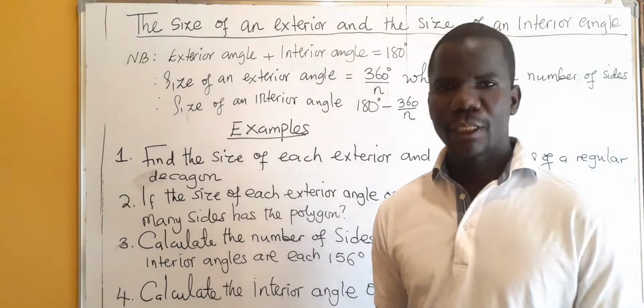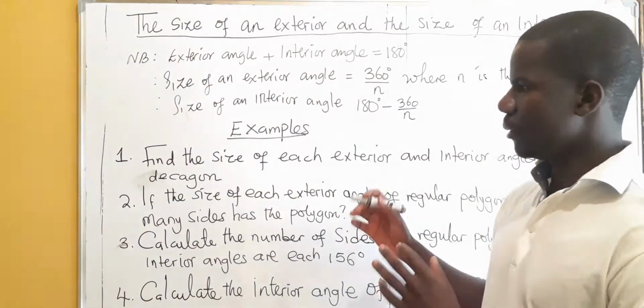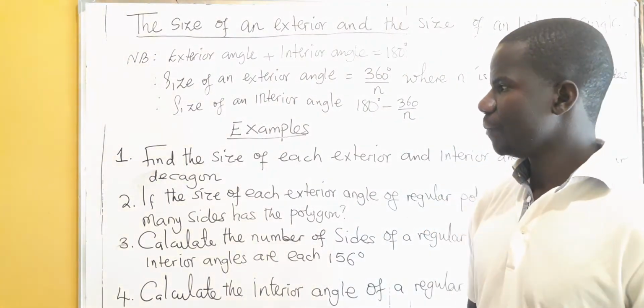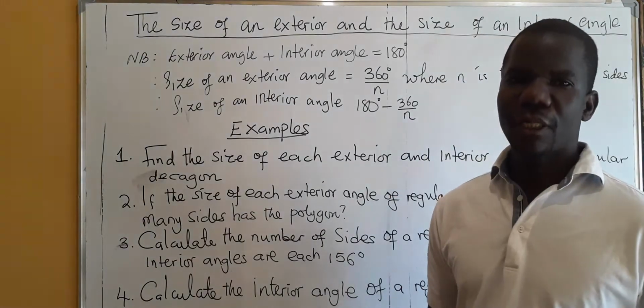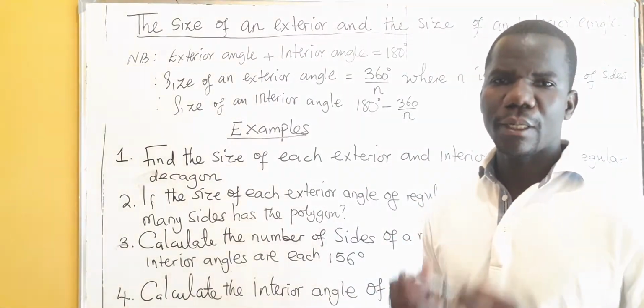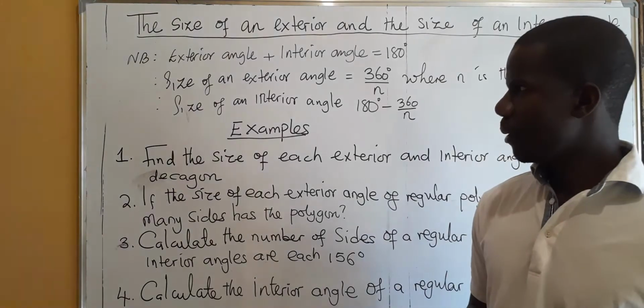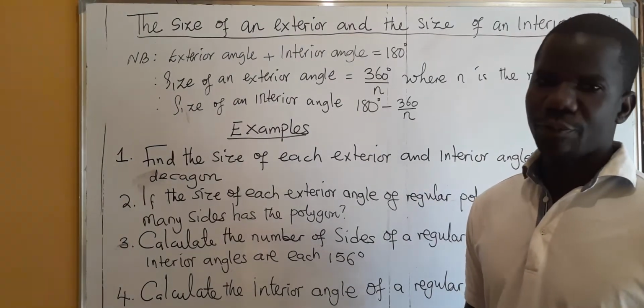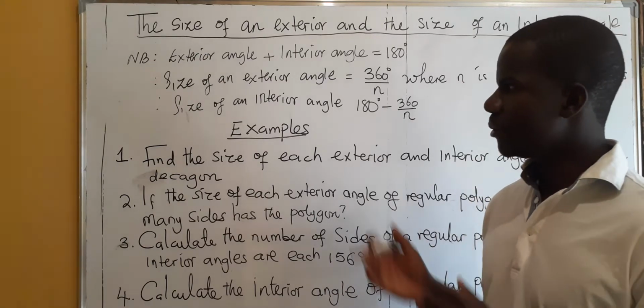Remember, the topic that we are still dealing with is polygons. So this is the fourth and last lesson of polygons. And this topic is meant for grade 8 and 9 according to our Zambian syllabus. But it's also important that there could be those that just want to acquaint themselves with these concepts.